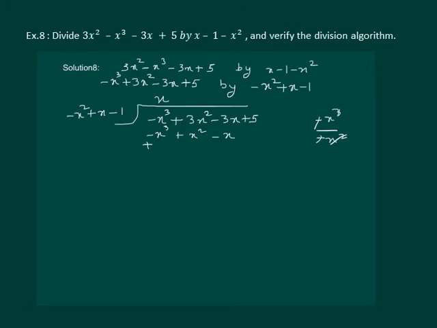Change the signs and we are left with 2x square minus 2x plus 5.